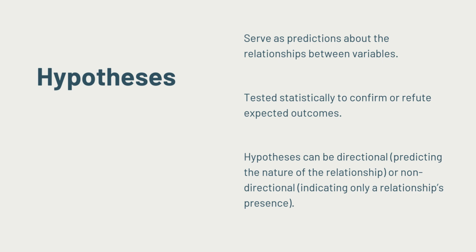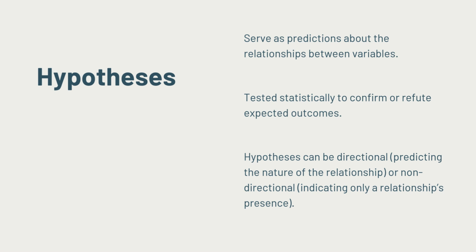So it's not only about uncovering a significant relationship between two variables, but it will specifically tell us whether that relationship is positive, where an increase in one variable leads to an increase in the other variable, or negative, wherein an increase in one variable leads to a decrease in another variable.